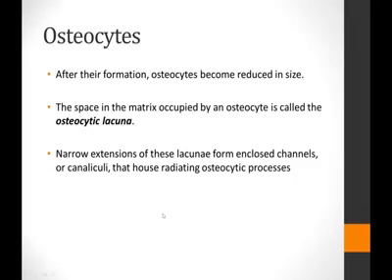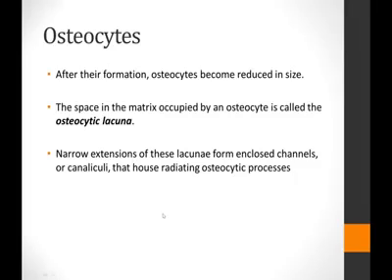After these osteocytes become embedded within the bone matrix, their sizes reduce and they come to occupy the spaces within the matrix which are later called the osteocytic lacunae, because the osteocytes are residing within them.